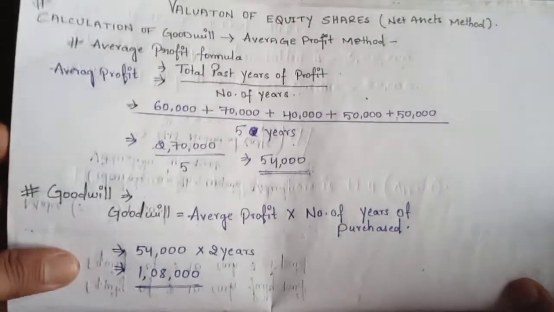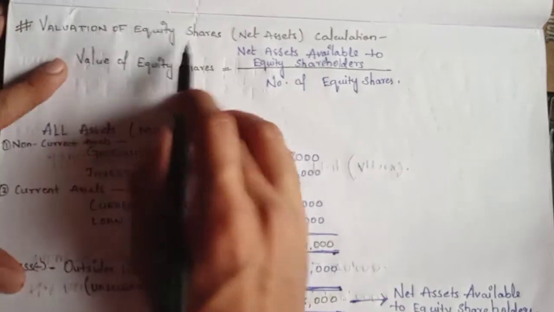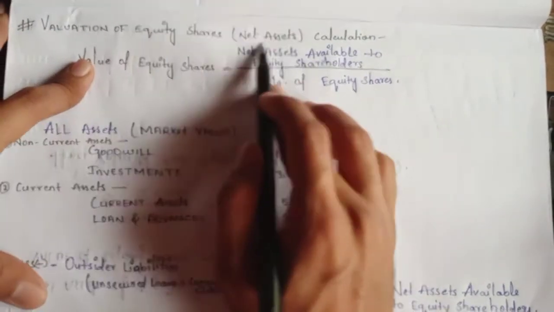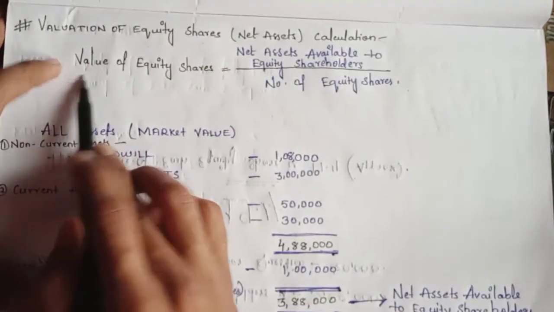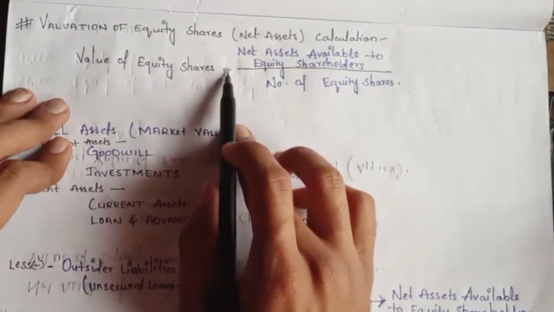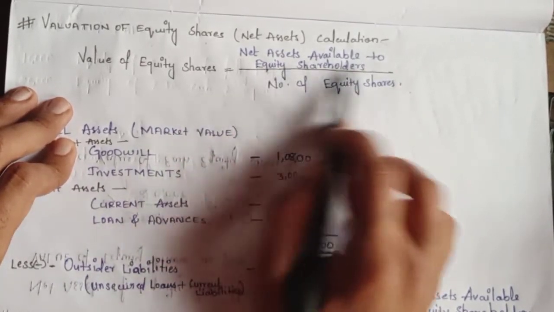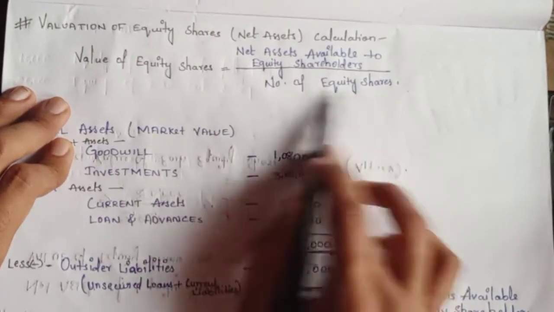Okay, to find the net assets, let's see here: the valuation of equity shares under the net asset method. The formula is value of equity shares is equal to net assets available to equity shares divided by the number of equity shares.